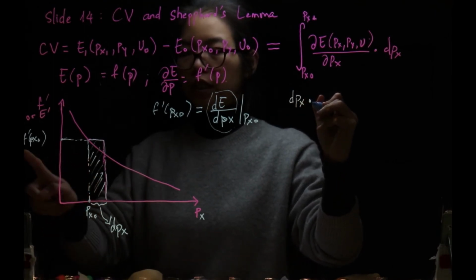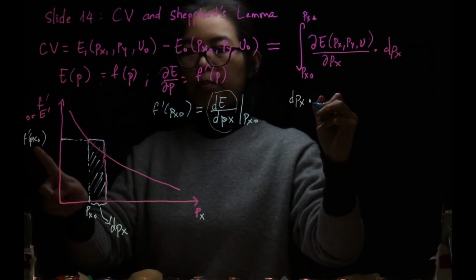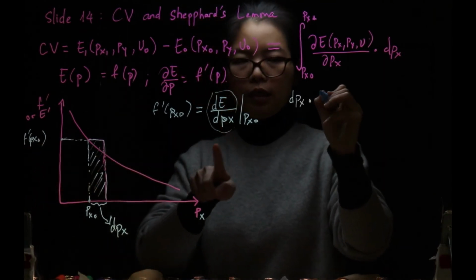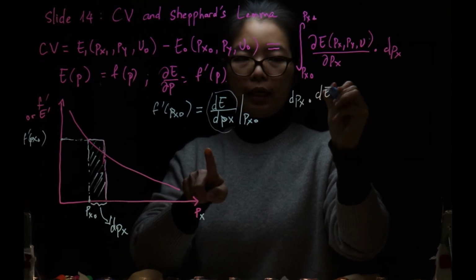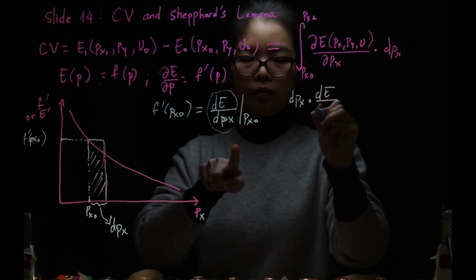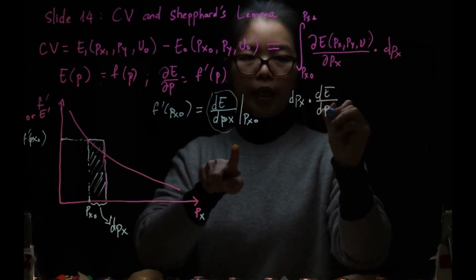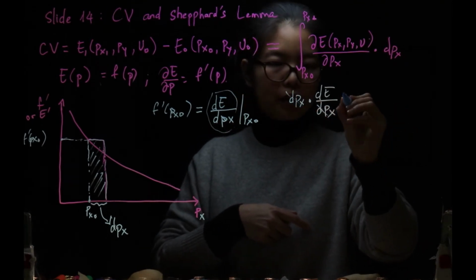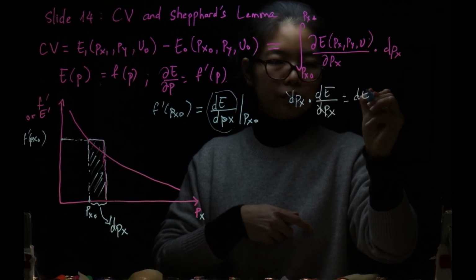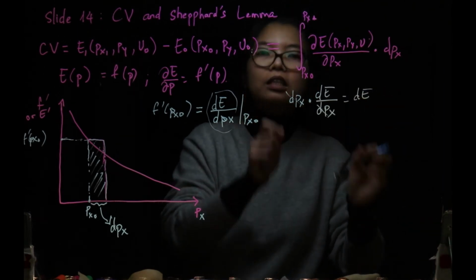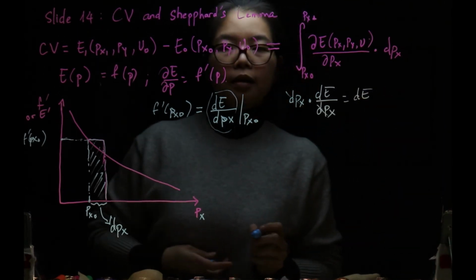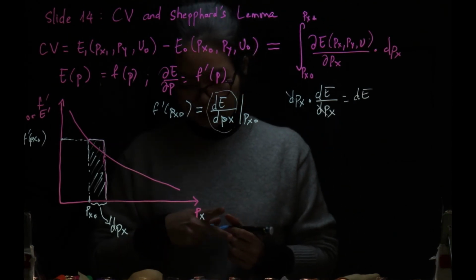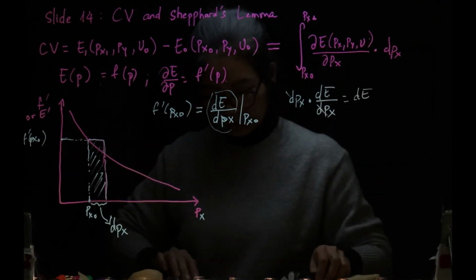So the height over here is f'(px0), which is dE over dpx, right? And you can cancel out the dpx, at the end you have dE. So the very small changes in E. Now, keep that in mind.